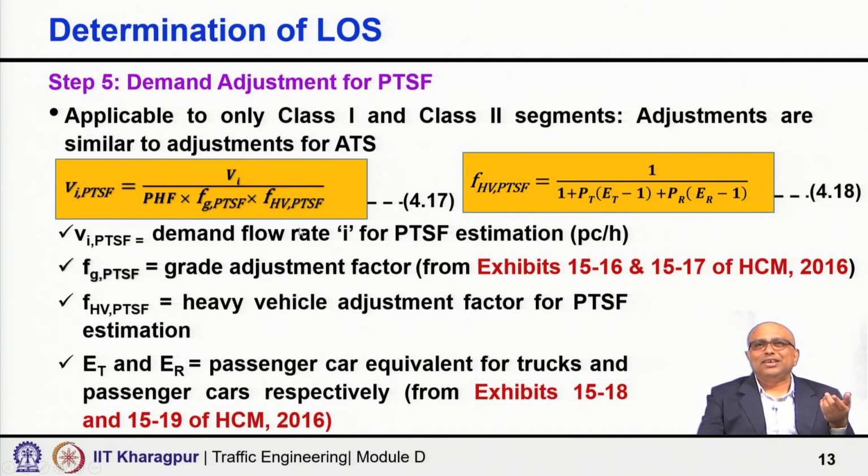That was the effect of heavy vehicles, how we consider that effect when calculating the average travel speed. Now, we have to consider the same effect, but the correction values and even the passenger car equivalency values are not going to be the same. So, this correction value will be different, that is why it is called f_HV,PTSF.